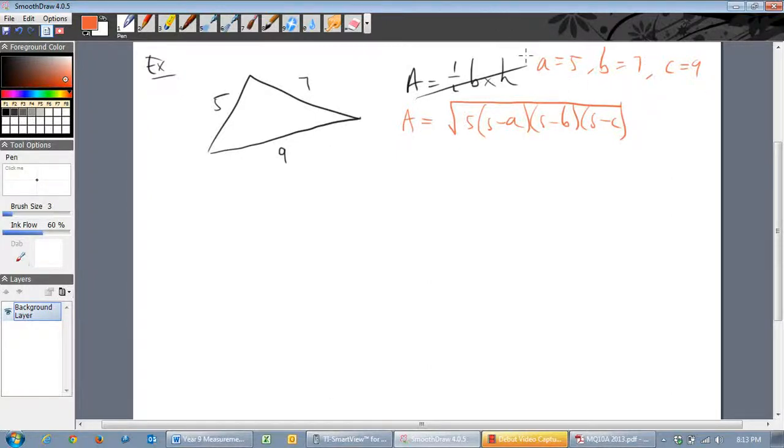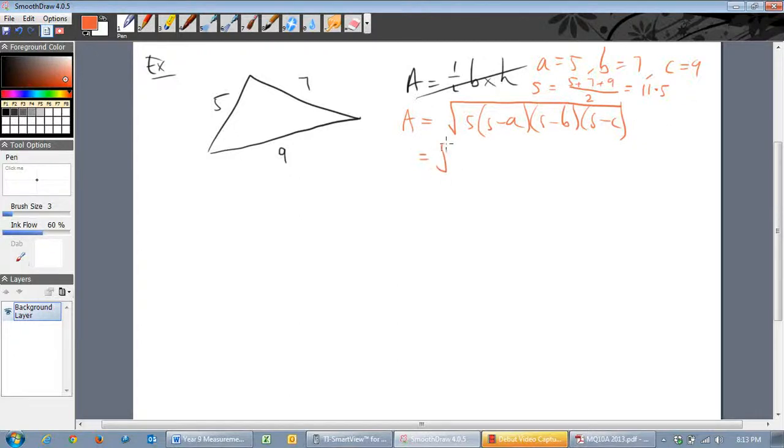It doesn't matter which one's which. Our semi-perimeter is equal to, we just add them all up. It's 5 plus 7 plus 9, so that's the perimeter. So for the semi-perimeter you divide by 2. So that's 5 plus 7 is 12, 12 plus 9 is 21, 21 divided by 2 is 10.5. So there's your semi-perimeter S.